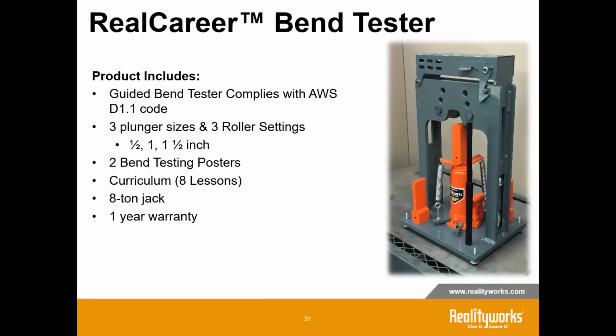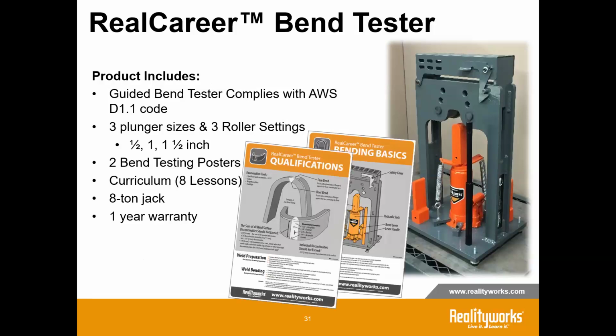Now, this leads to our last product here, and that's our bend tester. Once you have done your weld, how do you know, besides just visual inspection, if you did it correctly? Well, we have a bend tester and curriculum that walks through the American Welding Society D11 code.